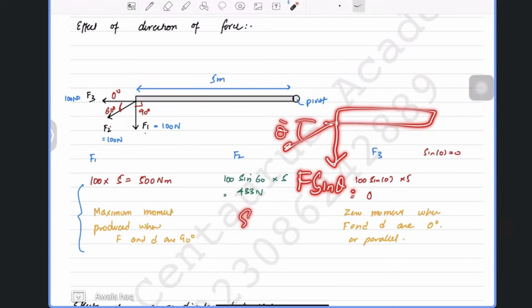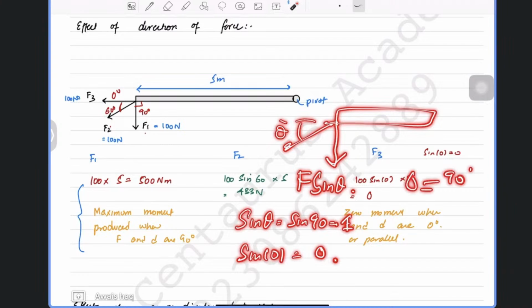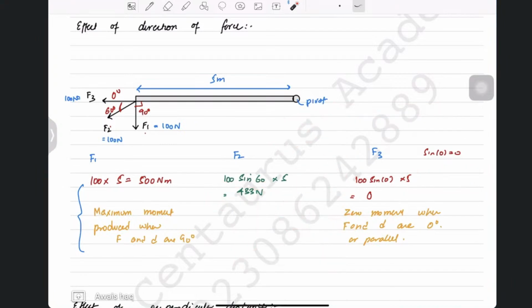So sine 90 gives you 1, and sine 0 gives you 0. Anything between 0 and 90 would always give you a smaller answer because the value is smaller. Do you understand? Yes, I understand.